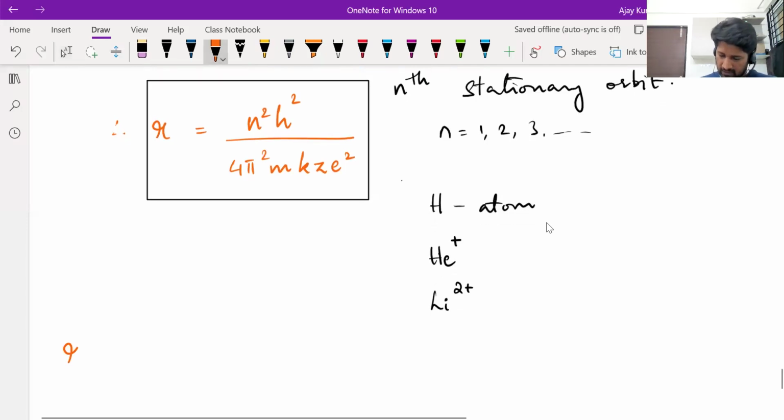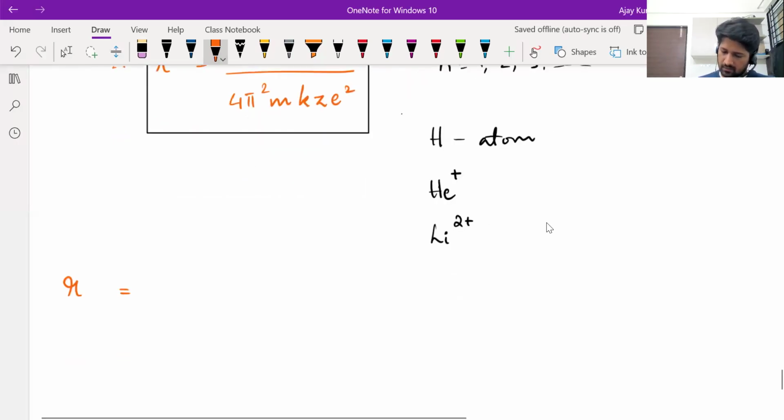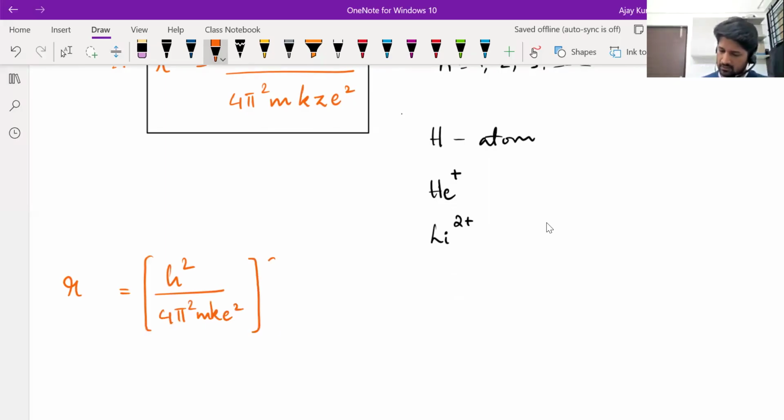So you can write the radius of the nth orbit is equal to h square divided by 4 pi square m k e square. These are all constants, multiplied with n square divided by z.